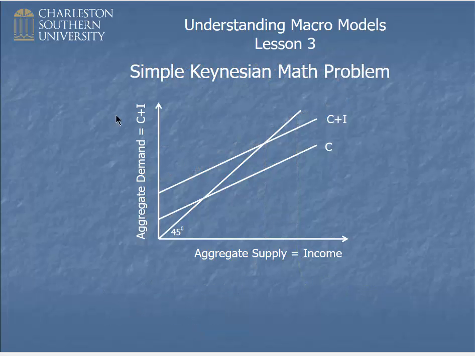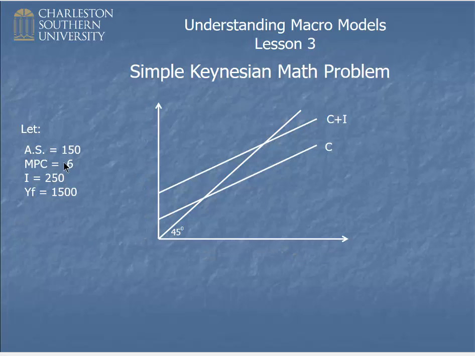Alright, so let's try a simple Keynesian math problem. So let's let autonomous spending be 150, the marginal propensity to consume be 0.6, investment be 250, and full employment income be 1,500. Notice government spending is 0 and net exports are 0, just as before. Now the next thing to do is to plug these numbers in. So 1,500 full employment income is sitting out here someplace.